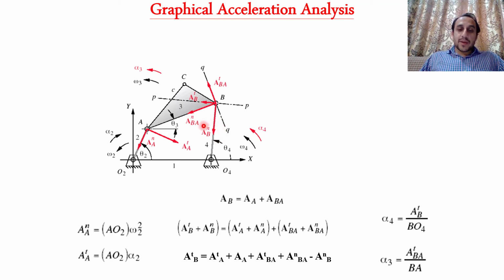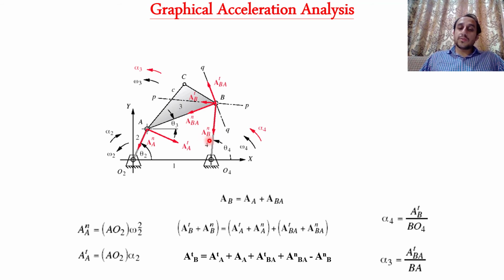Plus, I am not sure, can we have the magnitude of this one available? Yes, because to calculate it we need the length of the link and the angular velocity. Since we carry out the velocity analysis first, it means we have the value of omega 4 available. So using omega 4 square multiplied by the link length O4B, we can find out the magnitude of this vector.